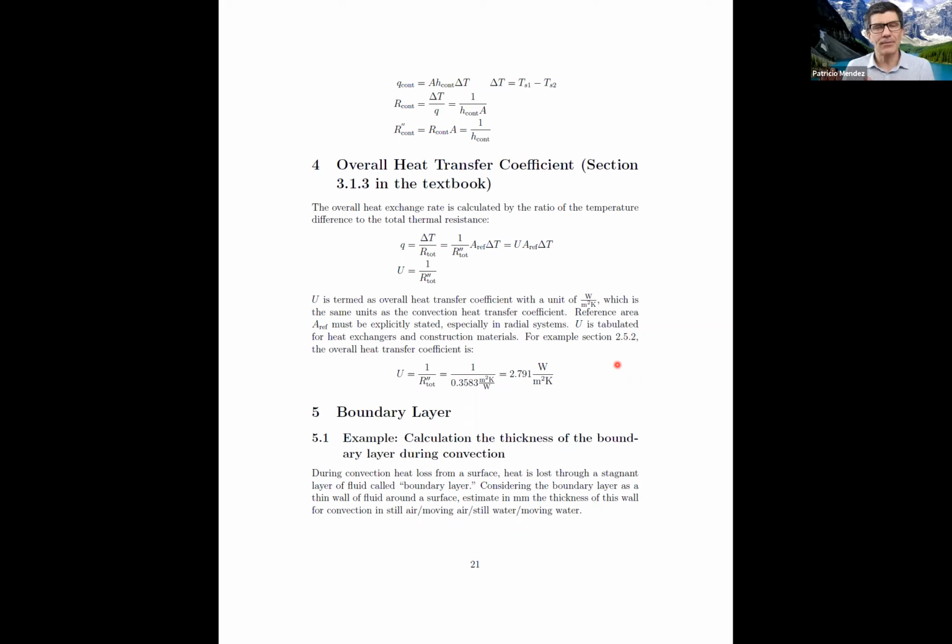That's the advection part. What is the conduction part? The fluid in motion creates a boundary layer, like you saw in fluid mechanics, and through that boundary layer, you have conduction. So in reality, convection is nothing but conduction through this boundary layer.